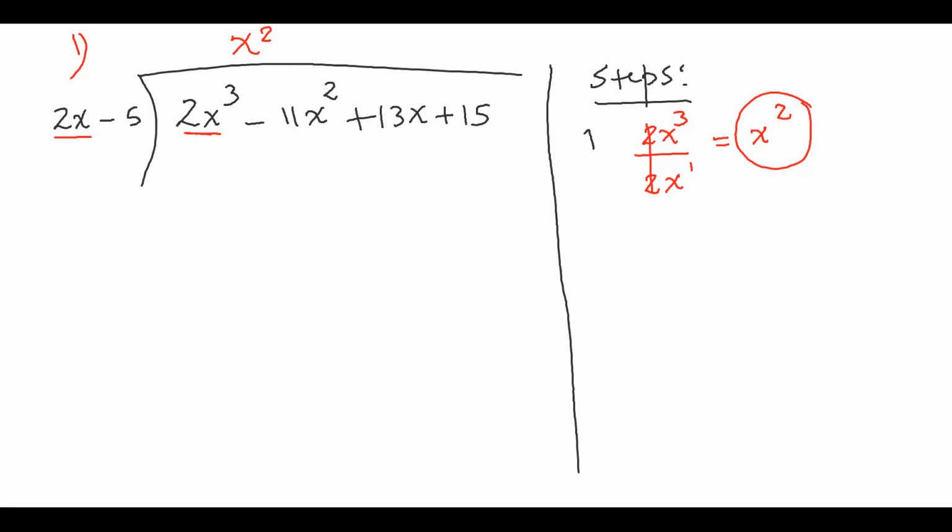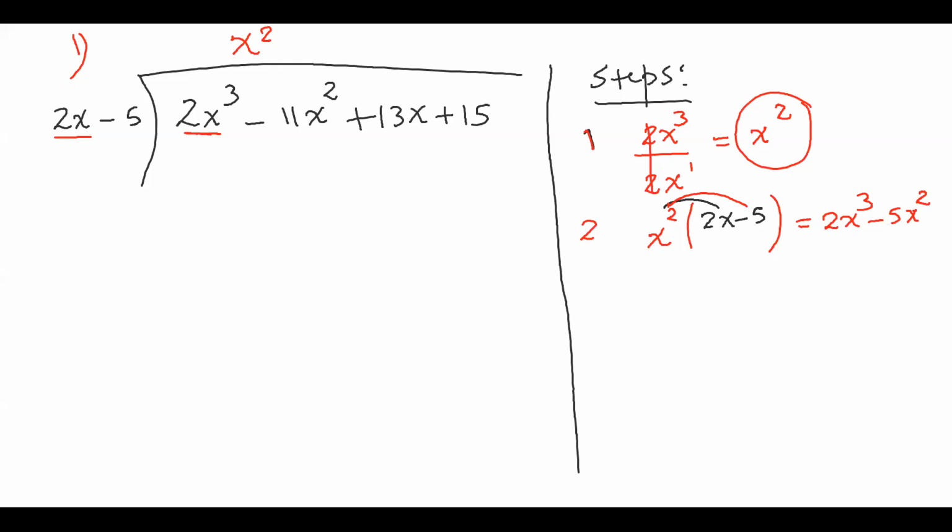Okay. So step number 2: you take the quotient, which is x squared, and we always multiply it with the divisor. The divisor is 2x minus 5. So multiply, distribute. x times 2x is 2x to the third, minus 5 times x squared is minus 5x squared.